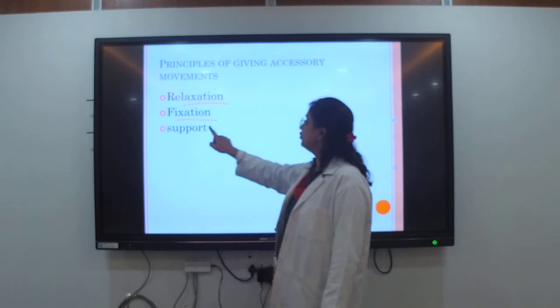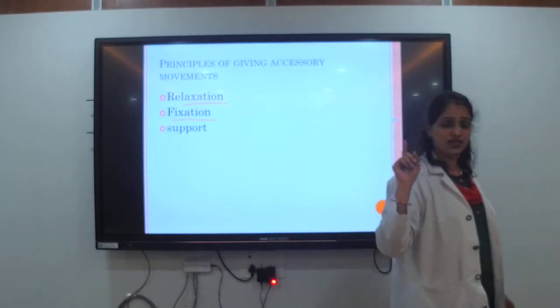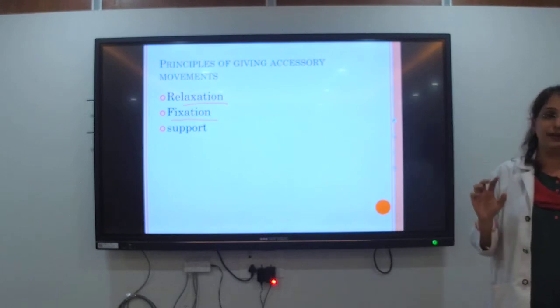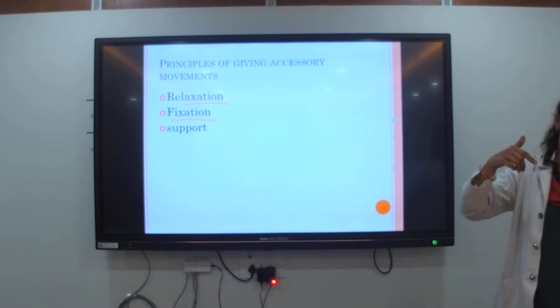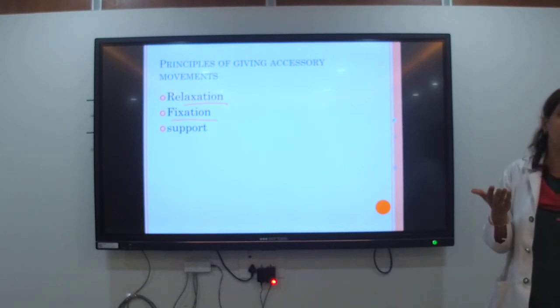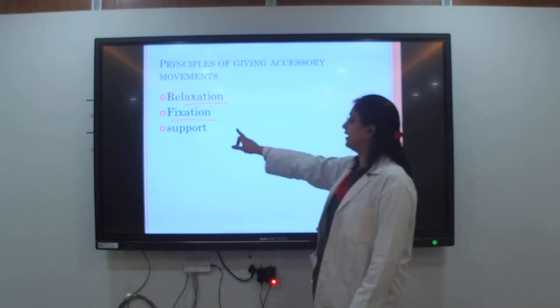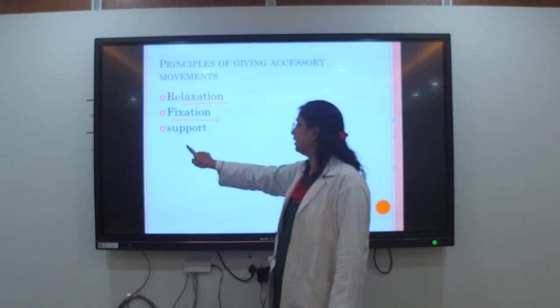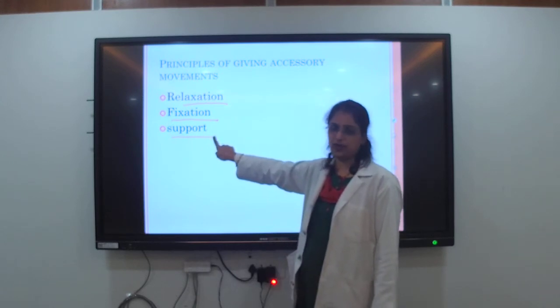If you are not fixing the proximal part, your range of motion is reduced and some compensatory movement may occur. So to avoid that, you first fix the proximal part, then give support to the distal part.